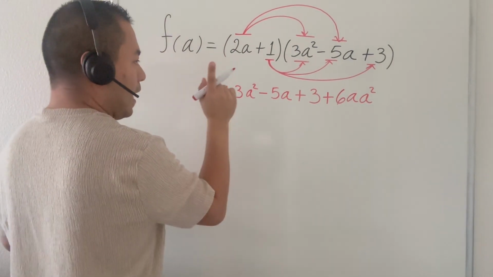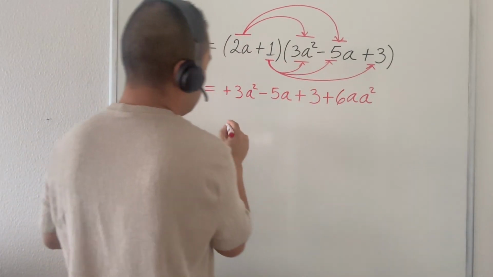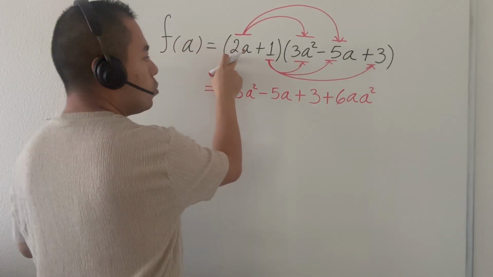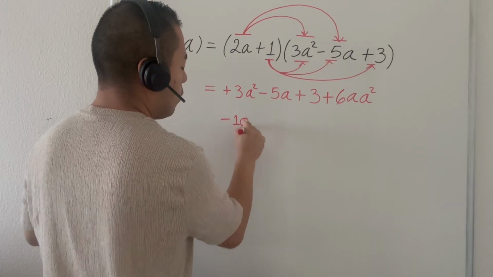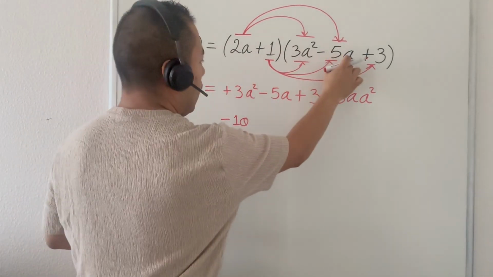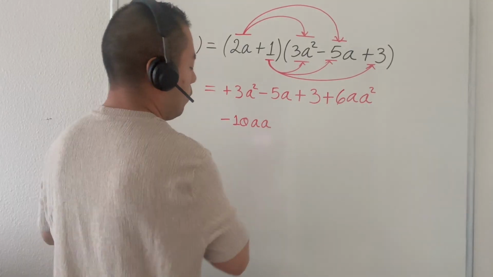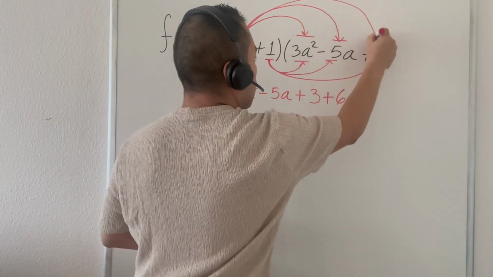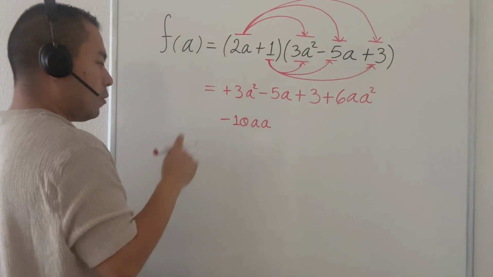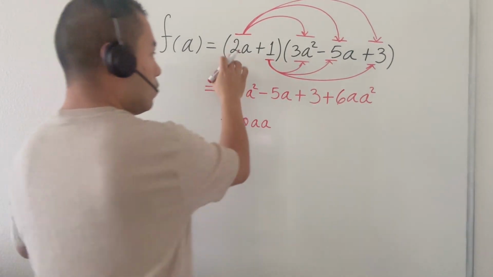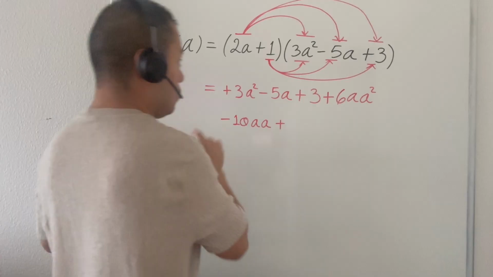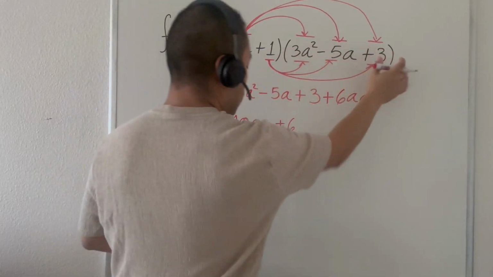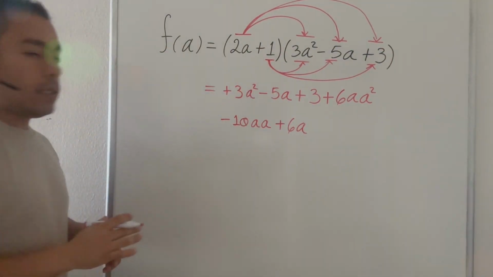First, signs, plus by minus, minus. I will just write it here. Coefficients, 2 by 5, 10. And variables, a by a. Okay? Third, 2a that multiplies 3. First, the signs, plus by plus, plus. Coefficients, 2 by 3, 6. And variables, a by nothing, a. And that's it. So this is the result.